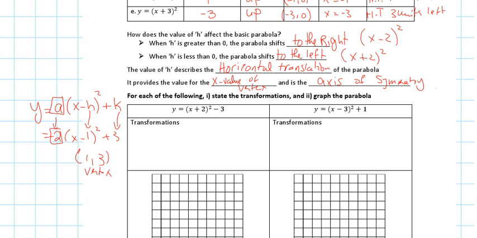So it's called the vertex form because the thing that you can find from this form is your vertex. Without even doing any math, looking at it, remember H is the x value of the vertex, K is the y value of the vertex. They're right here. That's why this form, remember there's 3 forms that we do, is called the vertex form, because I can find the vertex from it.